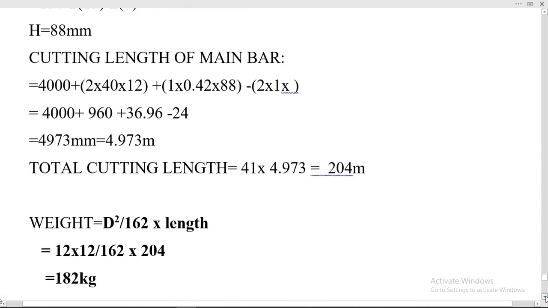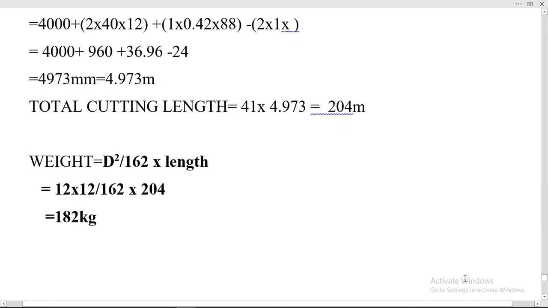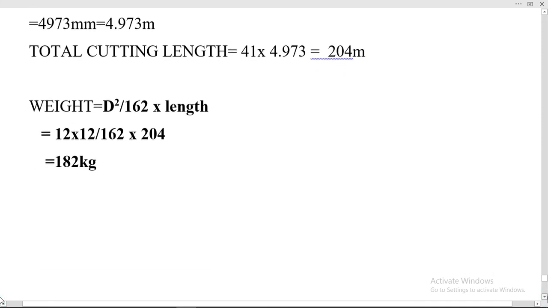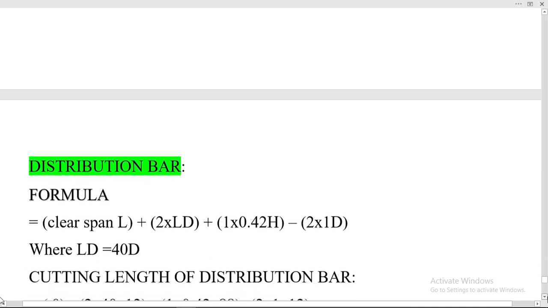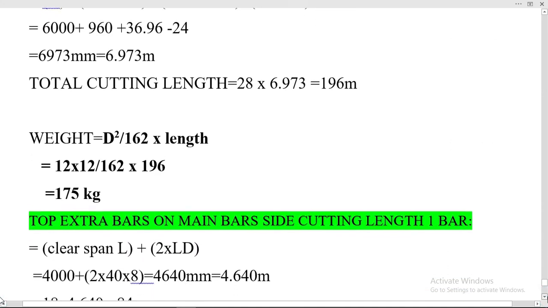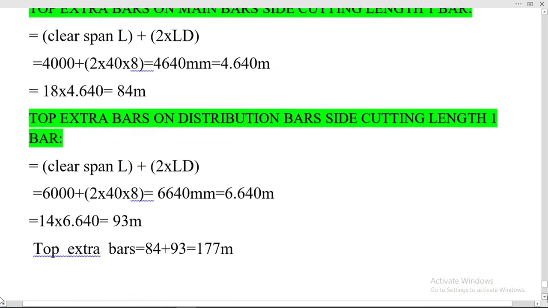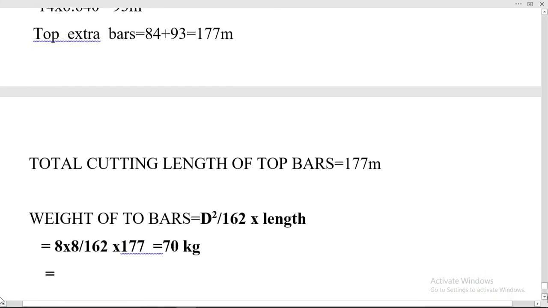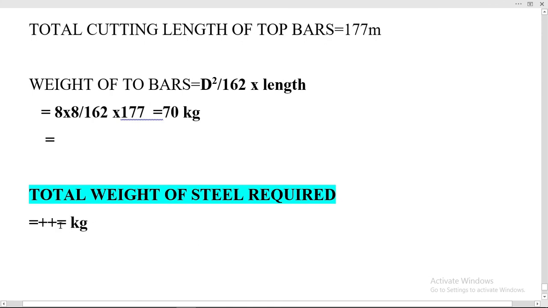For the main bar we have 182 kg. For the distribution bar we have 175 kg, and for the top extra bar 70 kg weight is required.